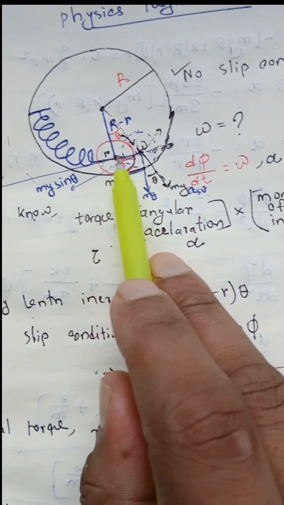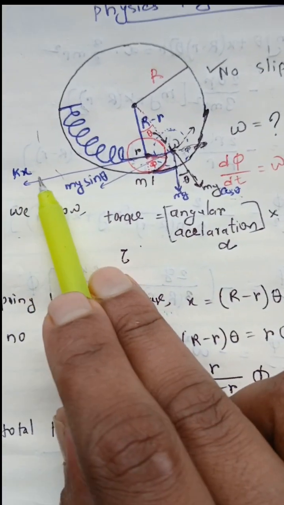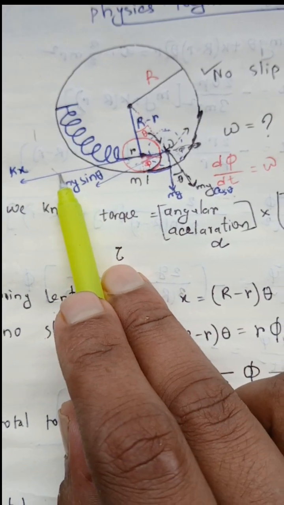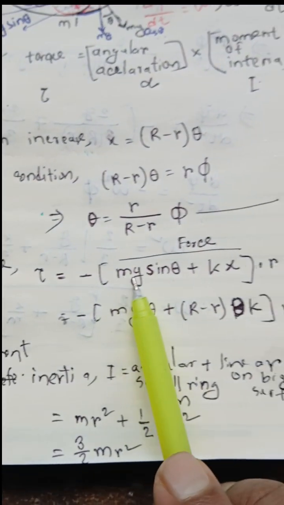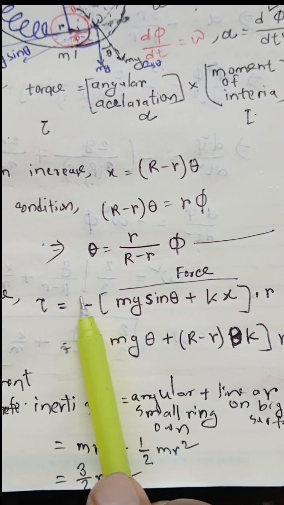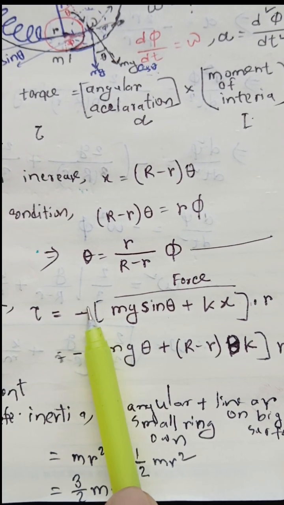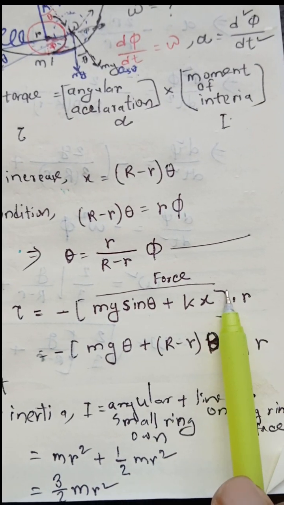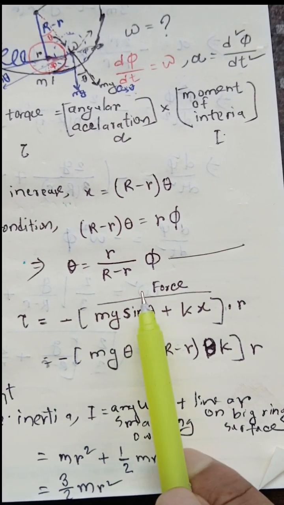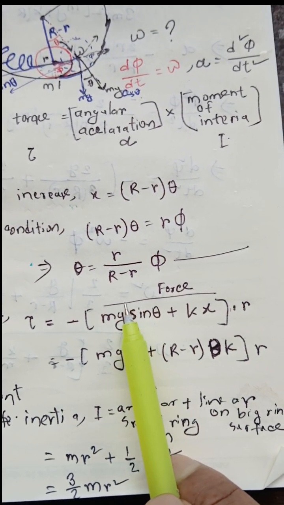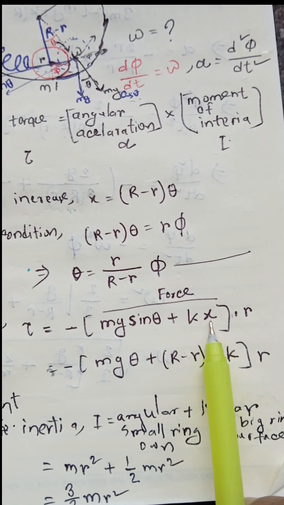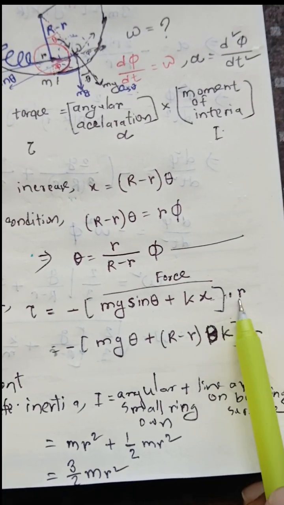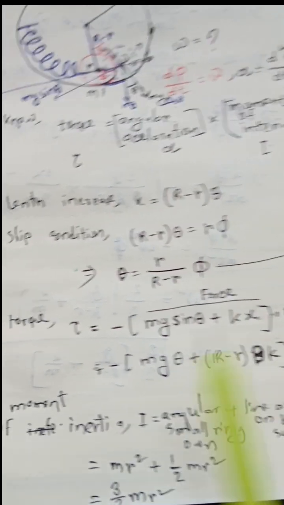This is aligned with the spring force, so these two forces are added. So we find mg sin theta, and the minus sign is because this force is against the path of x, the increase in length of the spring, and we also multiply by r to find tau.